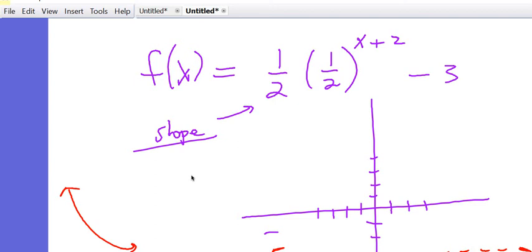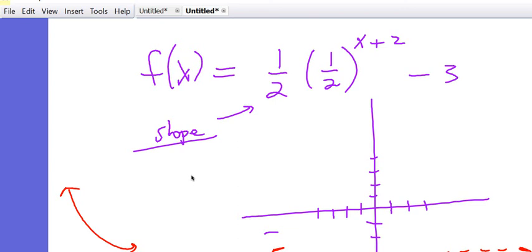The next thing is we graph our shift point. Well, the shift point we know is going to be left 2 and down 3 from where it normally is, except I've got this 1/2 out front. It's a factor that's changing where my shift point is just a tad. So here's the thing.